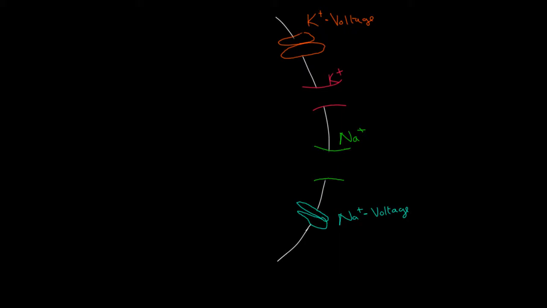When talking about action potentials, we're really only concerned about two ions: potassium and sodium. And what I'm doing here is making one side bigger than the other to show where the concentration is more. So you can see that potassium is concentrated much more inside the cell than outside, and sodium is a lot more outside than it is inside.